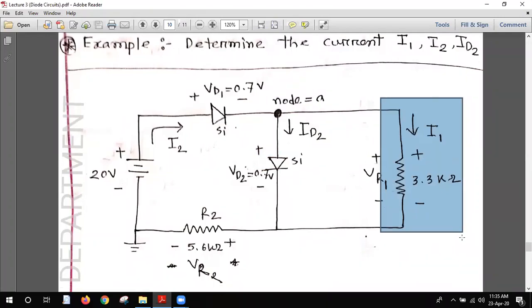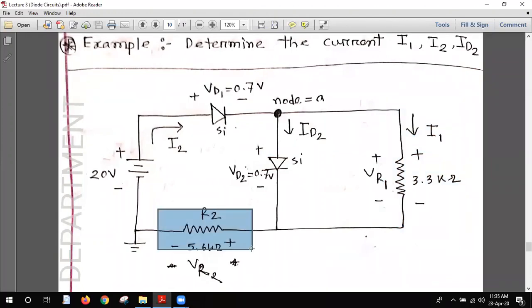So what is I2? The I2 is the current across R2. This current is flowing here. And ID2 is the current across this diode, the diode number 2, the second diode. So basically this is the node.